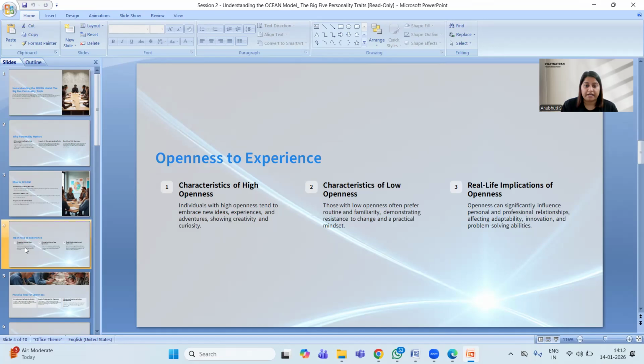So, first thing, characteristics of high openness. Individuals with high openness tend to embrace new ideas, experiences, and adventures, and show creativity and curiosity. High openness absorbs more ideas. High openness gives you a chance to take risk and give a chance to the other person to make a difference in the opinion which might not be similar to you.